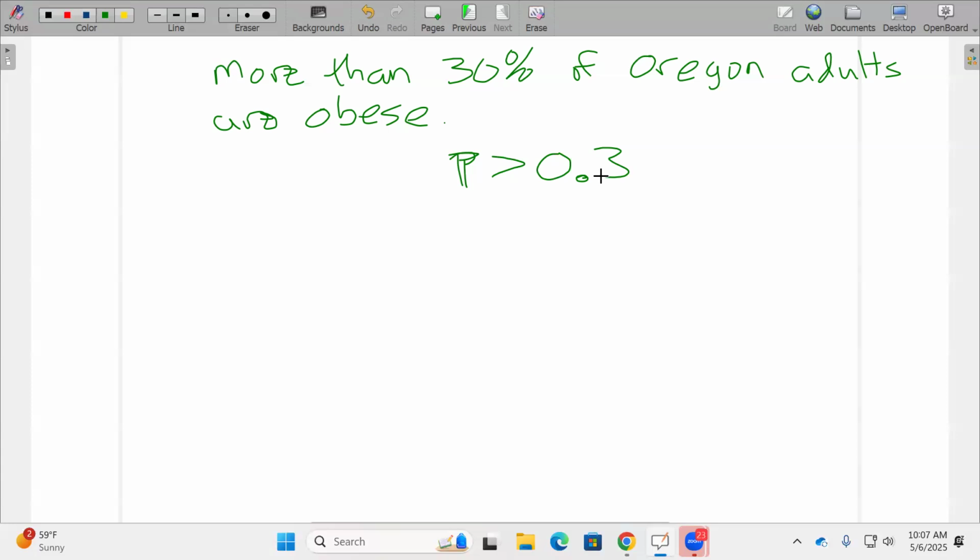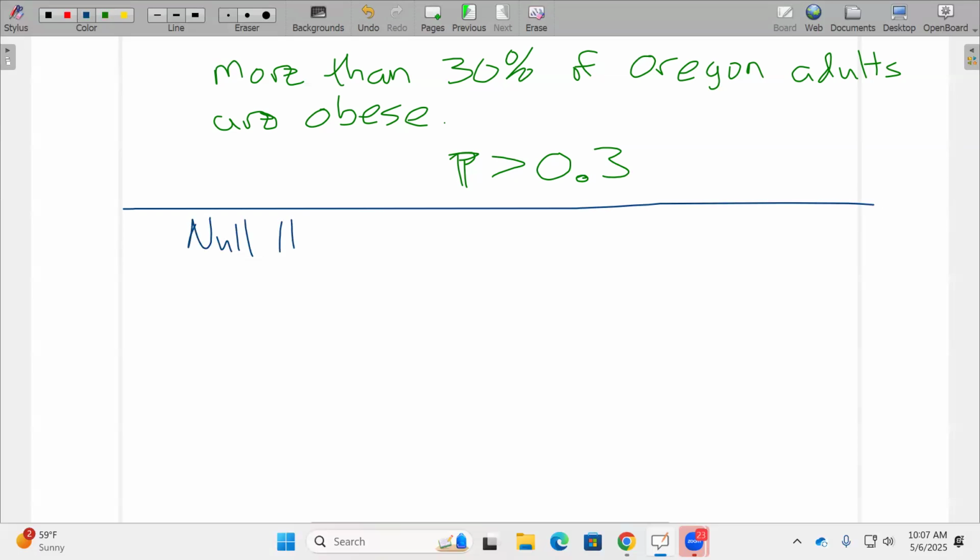So each of these has to have a definition to go with it. Next, there are two types of hypotheses. We have what's called a null hypothesis. And the null hypothesis is something that's known about the population.